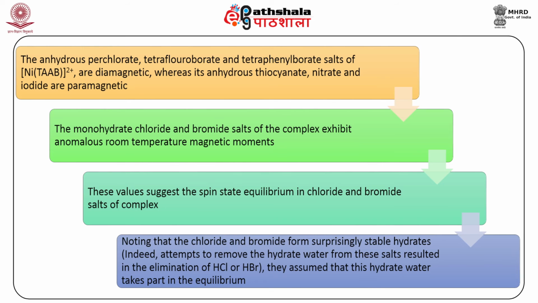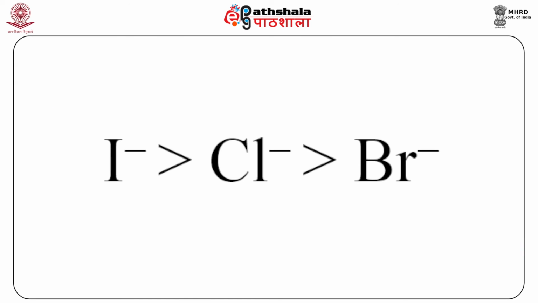Noting that the chloride and bromide form surprisingly stable hydrates, they assumed that this hydrate water takes part in the equilibrium. It has been demonstrated that the order of crystal field strength in the halide salt is anomalous.